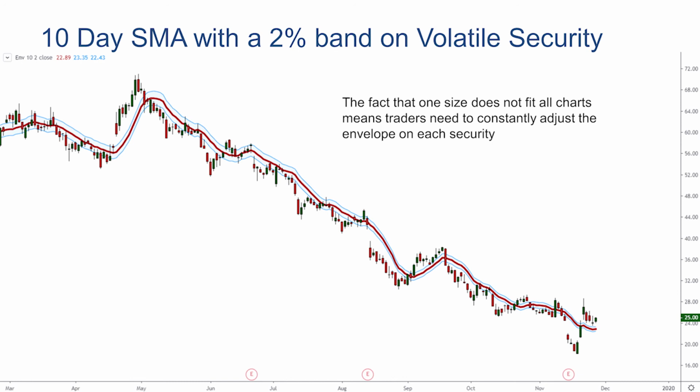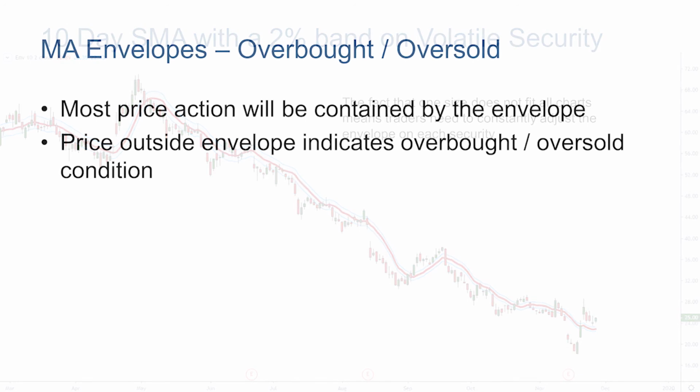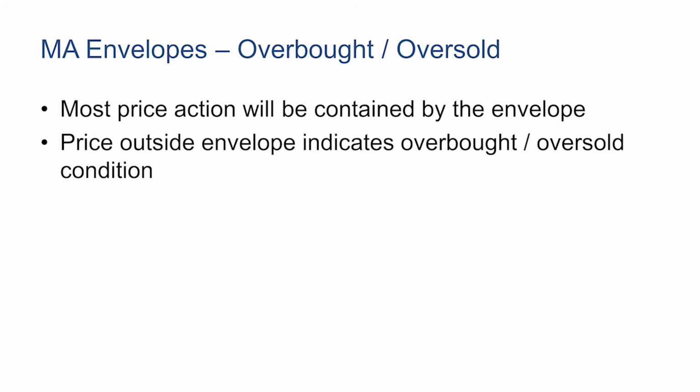So the goal of moving average envelopes is to try our best to identify overbought or oversold conditions. In this situation, you want to see where the price has extended itself outside of the band, so that it may offer an opportunity. Think of it like an elastic band between your two fingers.